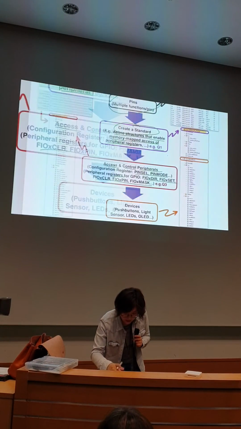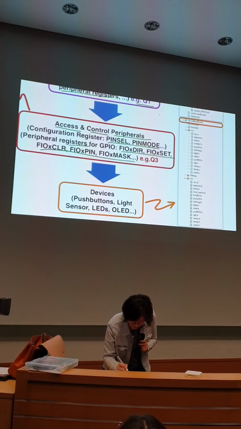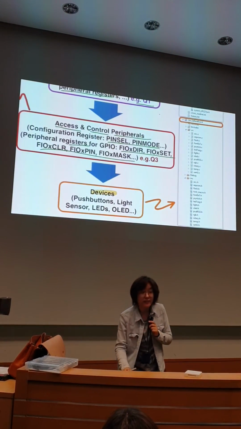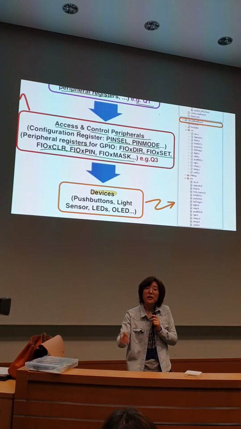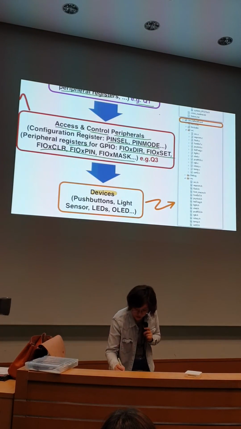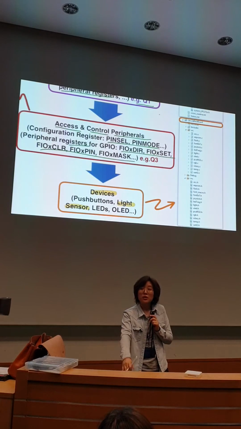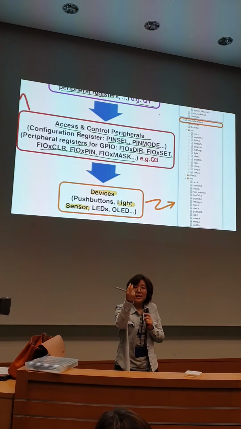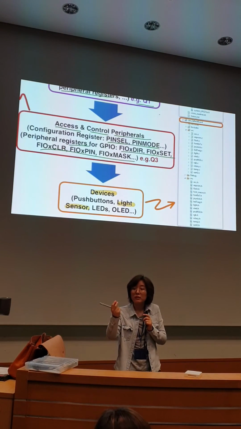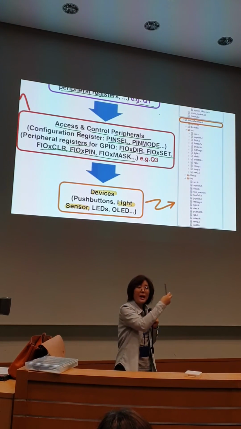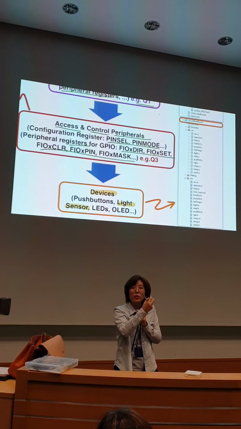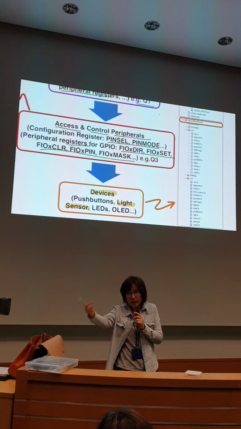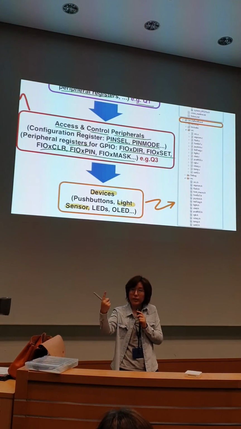And you have one layer up, where you can work on devices. For example, at this moment we do the light sensor. The light sensor on your board actually has multiple pins, so you are using multiple pins on your microprocessor to control the light sensor, not only one of them.